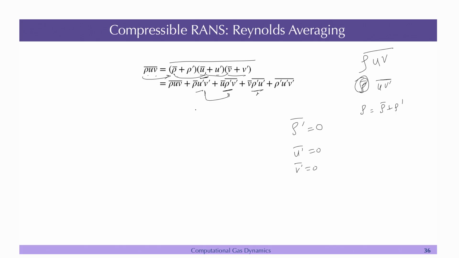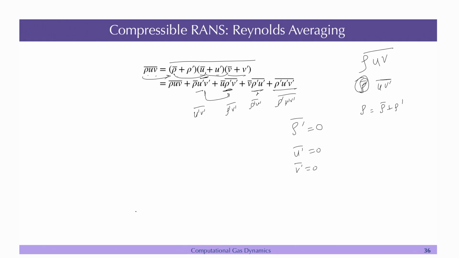So apart from the u prime v prime bar that we see in our incompressible equation, we also have rho prime v prime bar, how density fluctuations interact with velocity fluctuations in the x and y directions. And then we also have the triple correlation rho prime u prime v prime bar. So this has made things very complicated.